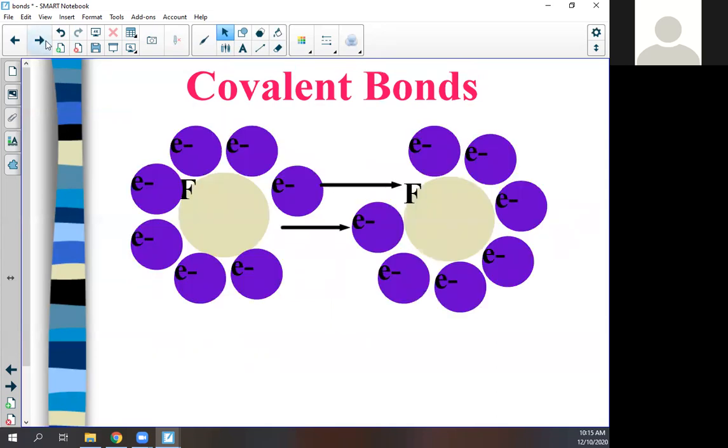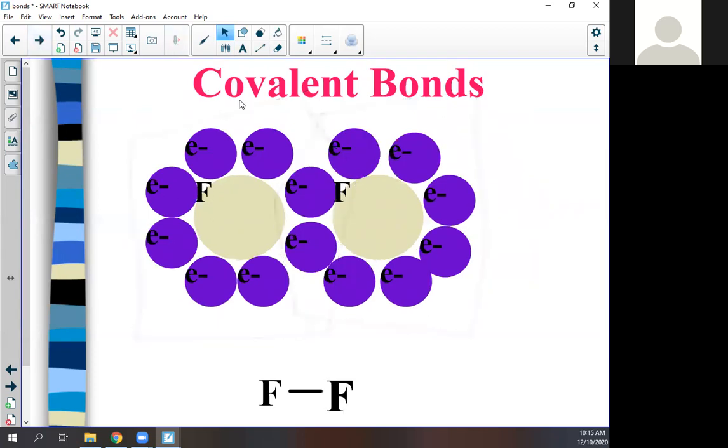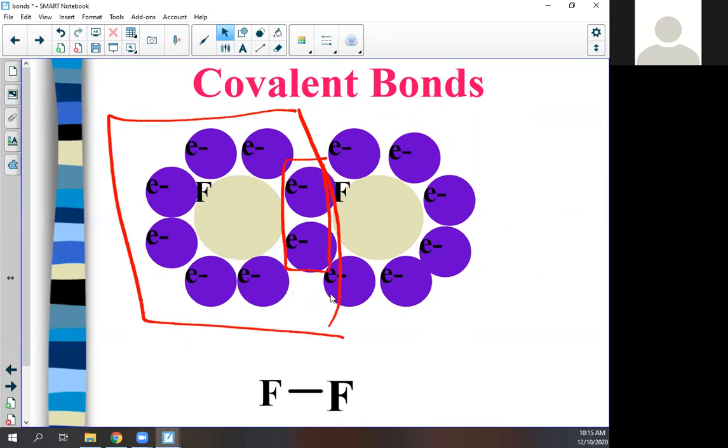All right. So here's just another example, just illustrated. Fluorine has 7 valence electrons, but it wants 8. So each fluorine, they decide, well, the best thing for us is if we just share one pair of electrons. So they come together, they share this pair, and that now gives both fluorines a simulated octet.